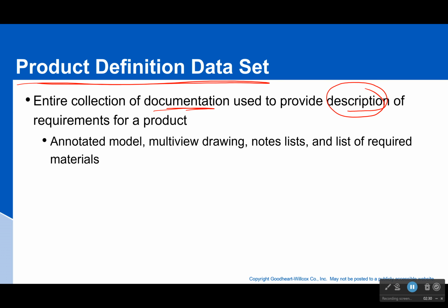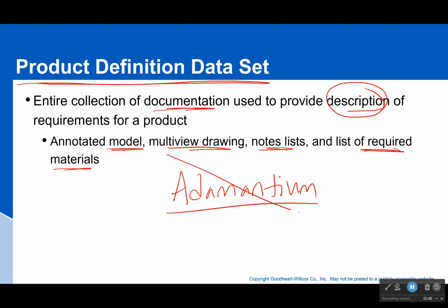That might be the model with all the annotations. Might be multi-view drawings, a notes list, just for anything extra they need to know. And also a list of required materials, because if it requires adamantium, well, guess what? Most people don't have that. So it won't work. So you give this to the person and they should know exactly what you want to do.